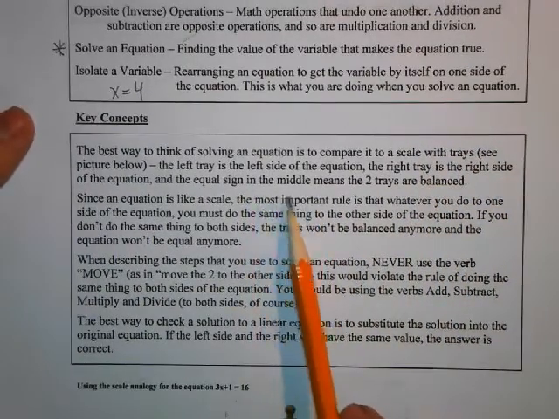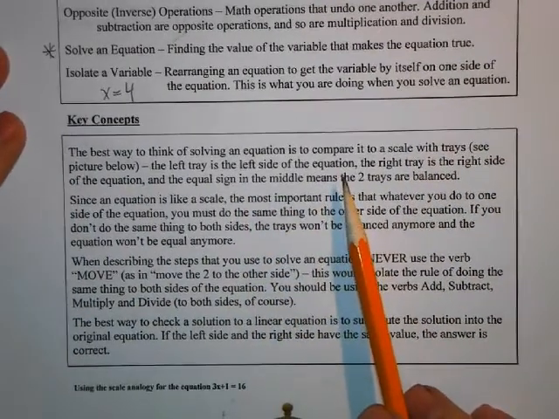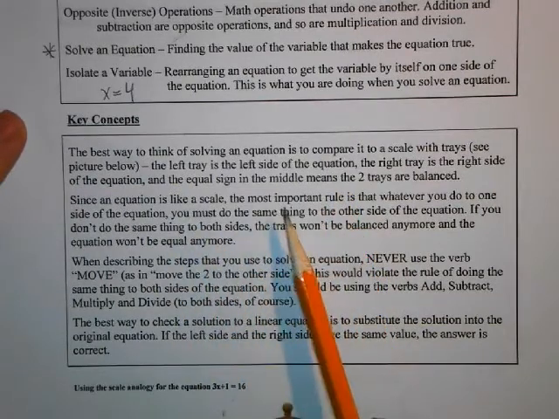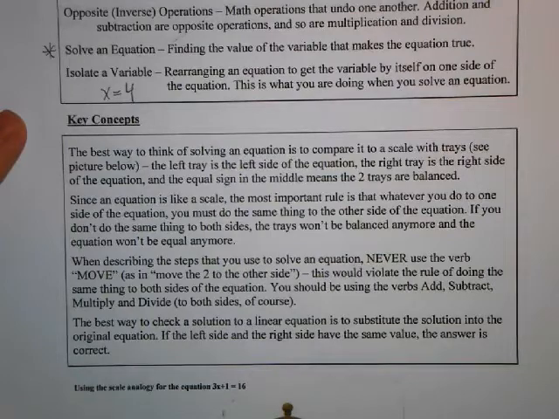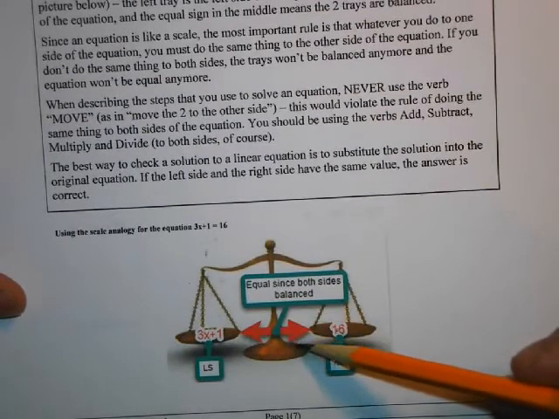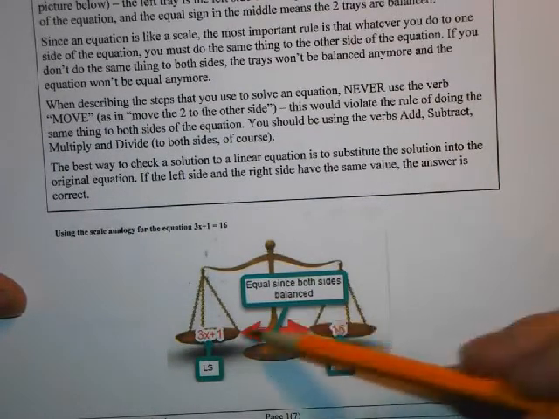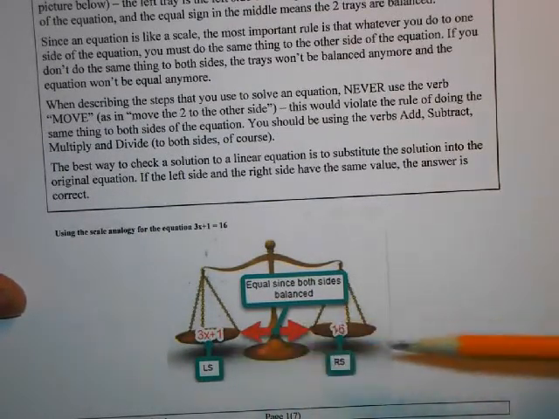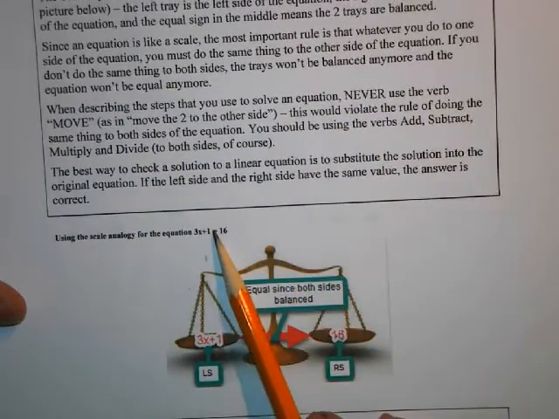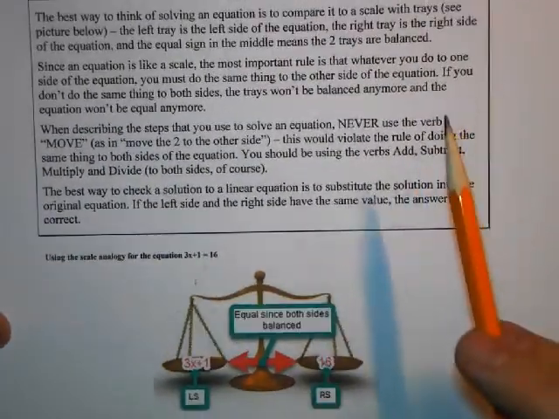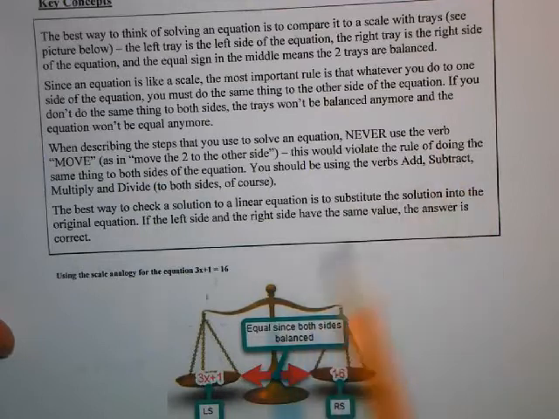The best way to think of solving an equation is to compare it to a scale with trays. See the picture below. The left tray is the left side of the equation, the right tray is the right side of the equation, and the equal sign in the middle means the two trays are balanced. Okay, as soon as it's not balanced, they're no longer equal. But when you start off with an equation, they are equal, and it's our job to make sure that it keeps on being equal.